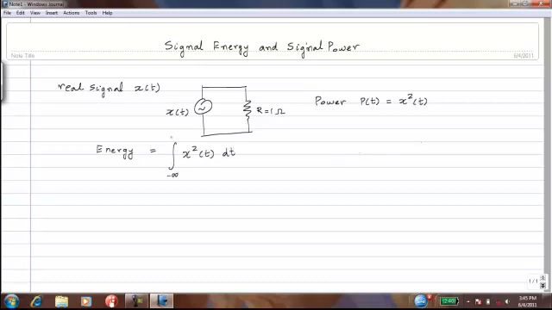If the signal exists from minus infinity to plus infinity, then the integral from minus infinity to plus infinity of x squared of t dt is the energy dissipated in a 1 ohm resistor. We're going to call this the energy associated with the signal, and I'm going to call this Ex. E refers to energy and X refers to the signal x.